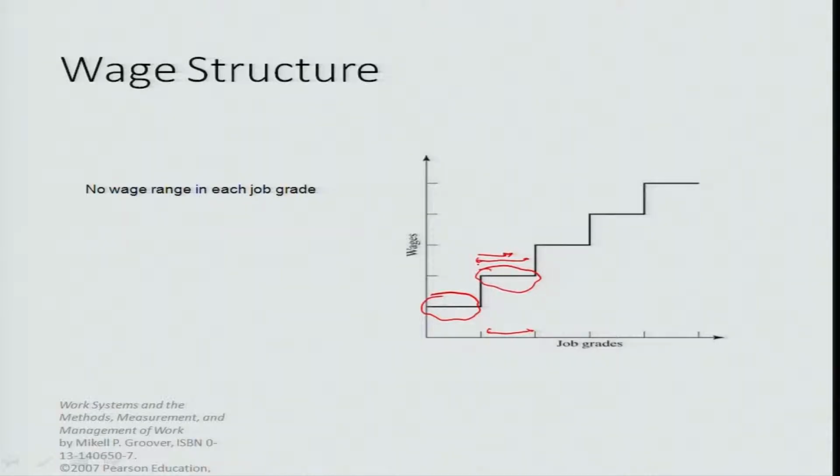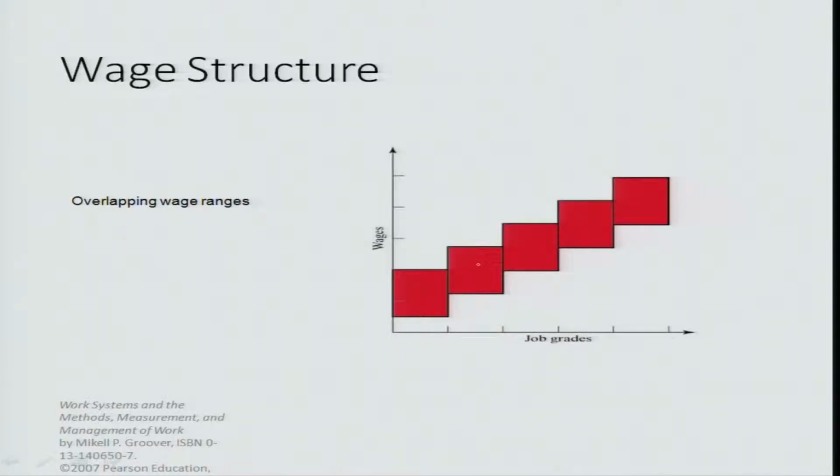There may be also certain organizations with overlapping wage ranges. So, you can see here, for example, there is a certain range at a certain grade which has a substantial amount of overlap with the next grade, and such structures also are sometimes important, because the moment we give a range which is overlapping in nature, the performance level, the motivation level at, let us say, a lower grade is almost equal to that of the higher grade the moment it crosses over here.